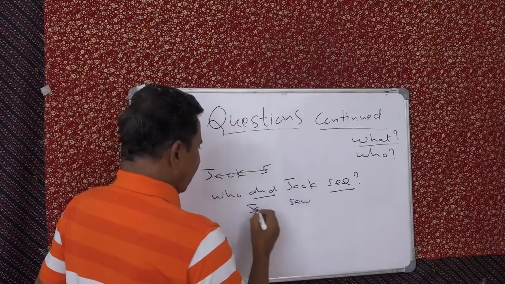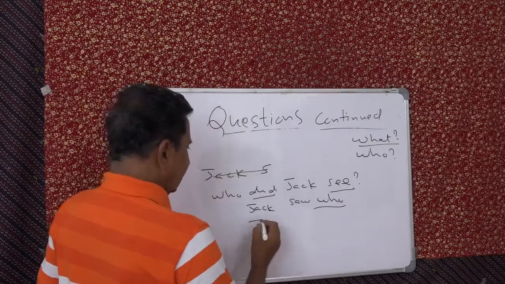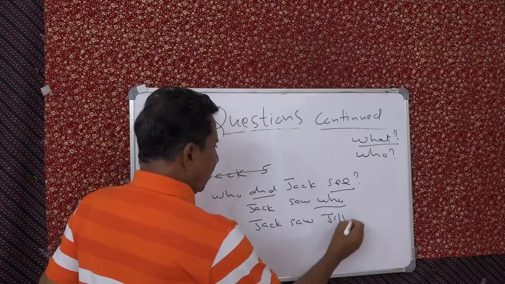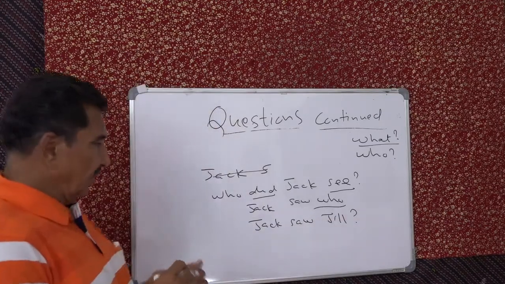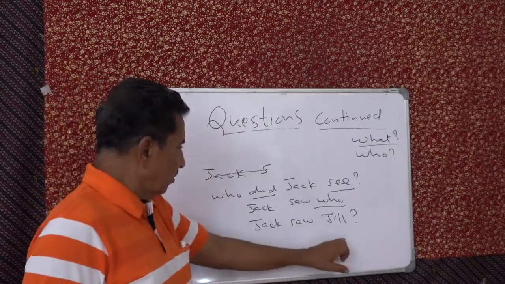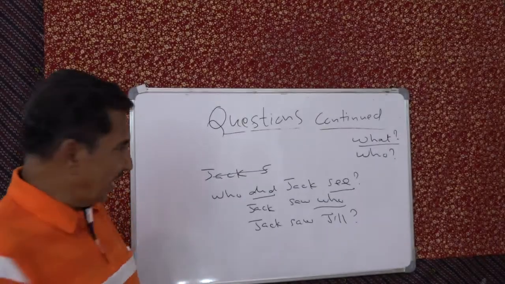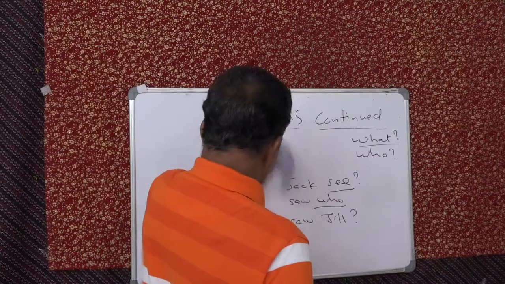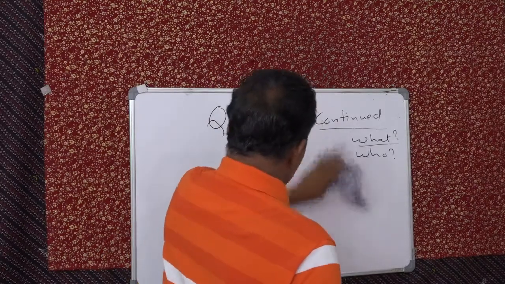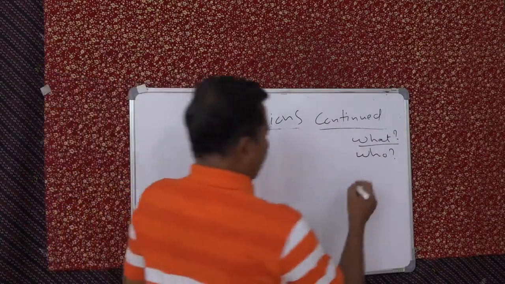So Jack saw who? So the next will be Jack saw Jill, or any name you want. Need not be Jill, any name you can put. So Jack saw Jill. Question is, who did Jack see? Did you get that point? Yes, very good. Now let's see the next question word. First we are going to do only the simple question words. Who? Next let's say whom.